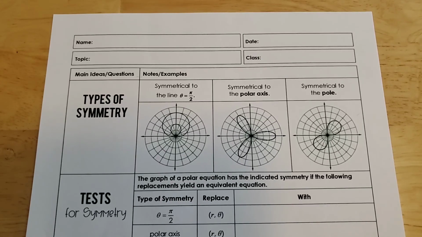So one of the things that we're going to look at is some symmetry that these curves experience. But in order to really jump into determining symmetry, there are a few things that we need to recall from just previous study this year. And so you can turn this over if you want to take some notes on that.